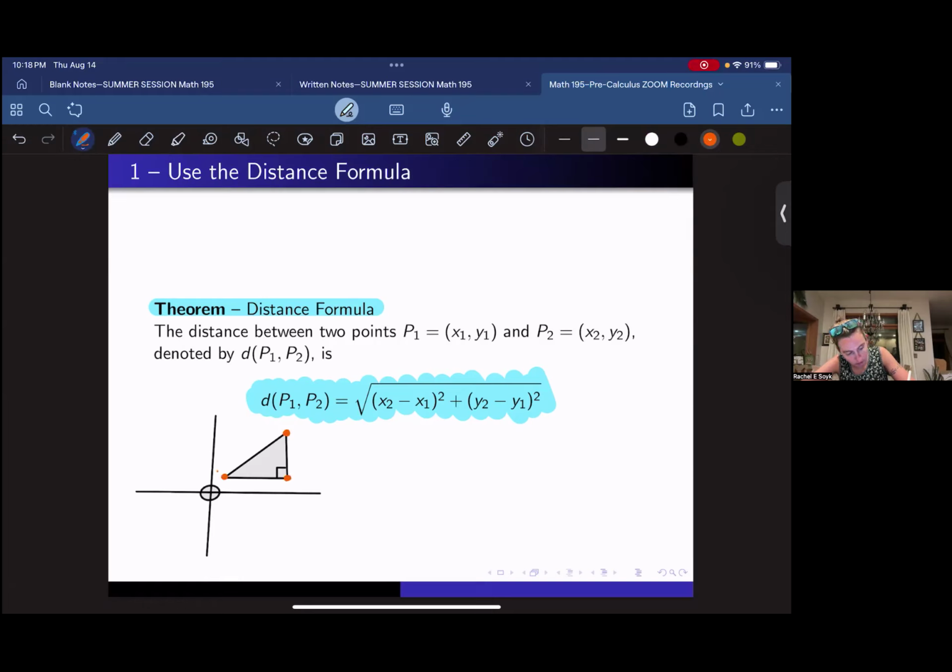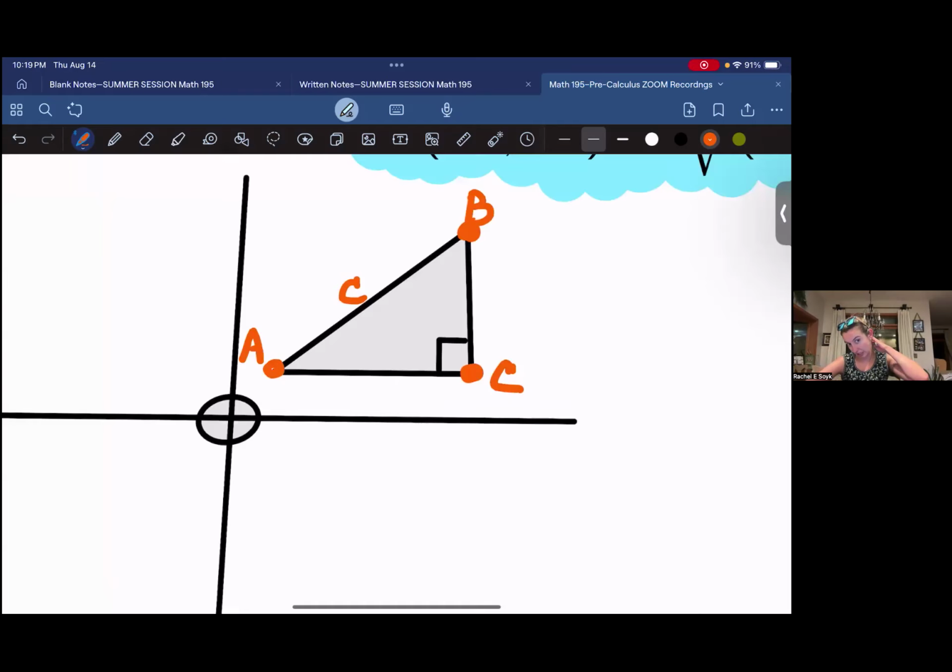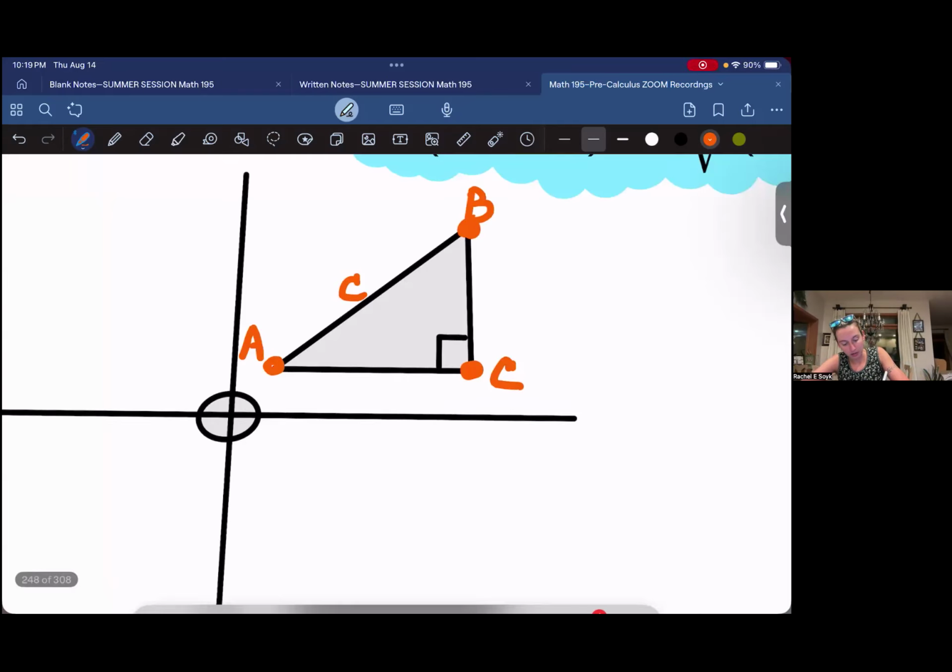We'll call this point A, point B, and point C. And so opposite our capital letters, which are denoted by our angles, we're going to have our lowercase letters, which are going to be the lengths of the sides. So I can zoom in so you can see it a little bit better. So we once again have A, B, C, but this time little a, little b, little c.